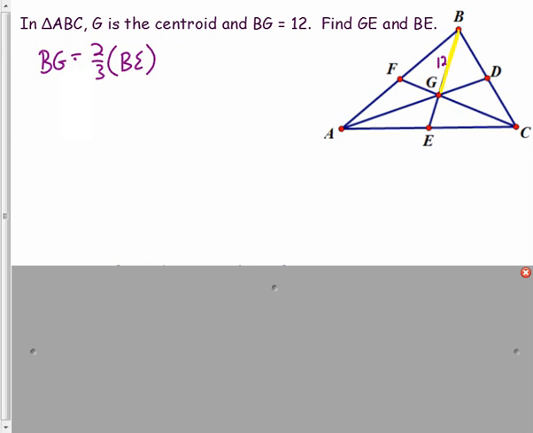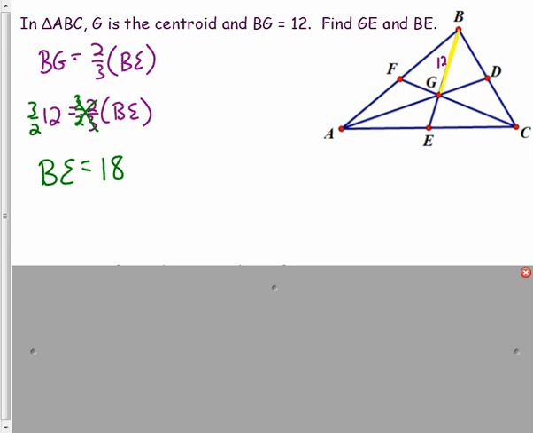So if BG is 12, that means 12 equals 2/3 of BE. How do I solve this? Multiply by the reciprocal. Multiply both sides by 3/2. Those cancel and we get that BE equals 3 times 12 divided by 2, which is 18. So BE is 18.